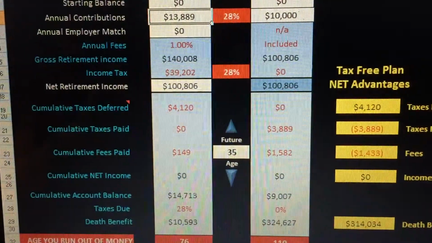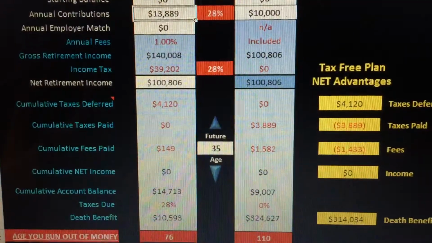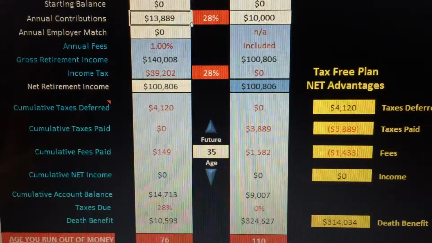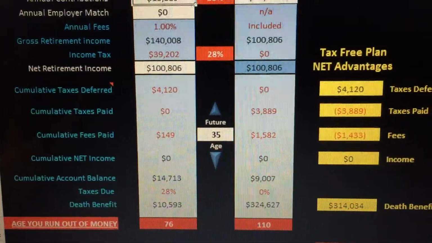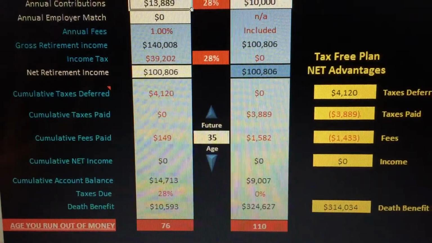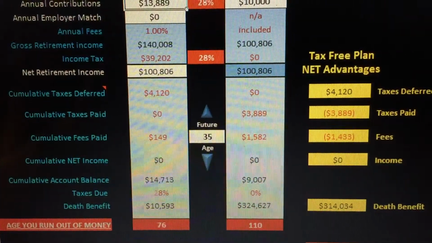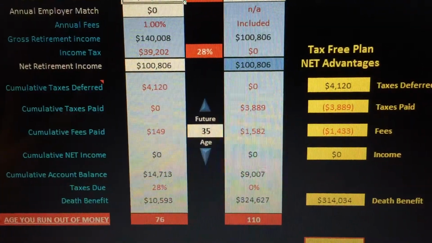And then we have a row here that will populate automatically the cumulative taxes paid over these 30 years, the cumulative fees paid, the cumulative net income. That won't populate until we hit age 66, and what the cumulative account balance is for each of these two scenarios.